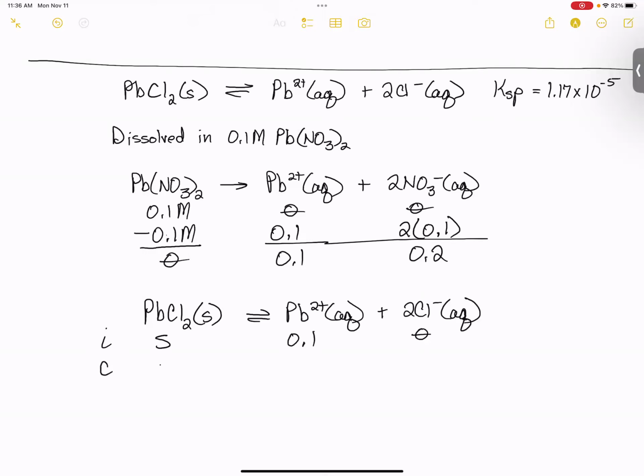As time progresses, you lose X amount of your lead chloride. For every 1 lead chloride that dissociates, you make 1 lead and 2 chlorides. So at equilibrium, you're still going to have solid lead chloride left over, but you're going to have 0.1 plus X amount of lead, and 2X amount of chloride.